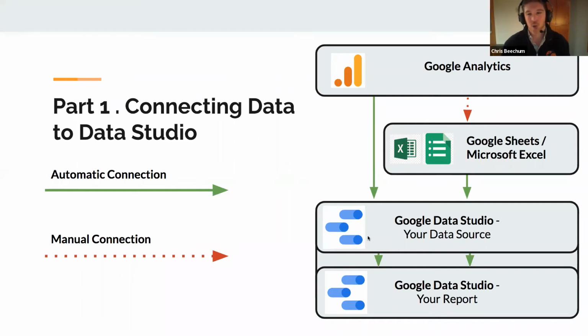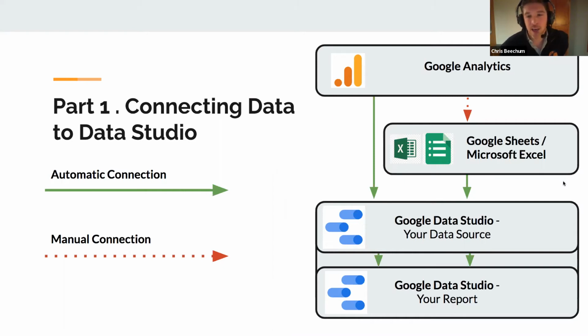However, there's a whole other way to do this, and it's how I started. If for whatever reason we can't get the automatic connection, we can always go into the Google Analytics program, copy, paste it into Google Sheets, like I did earlier in my story.